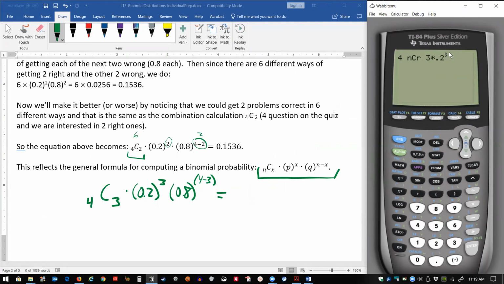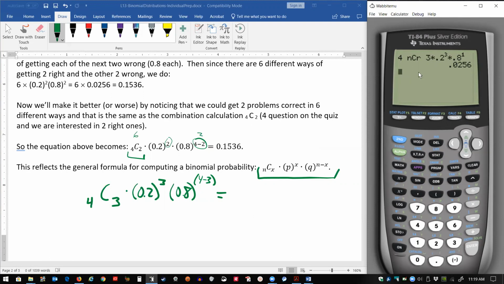Hit the right arrow to get out of the exponent, right? And then times 0.8 to the power of 1. Enter. So we have a 0.0256 chance of getting 3 right.